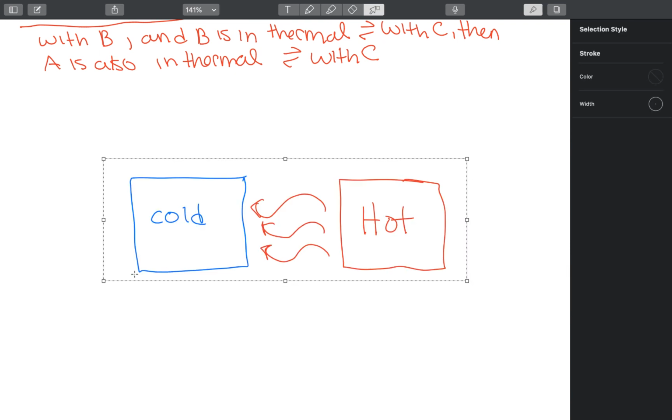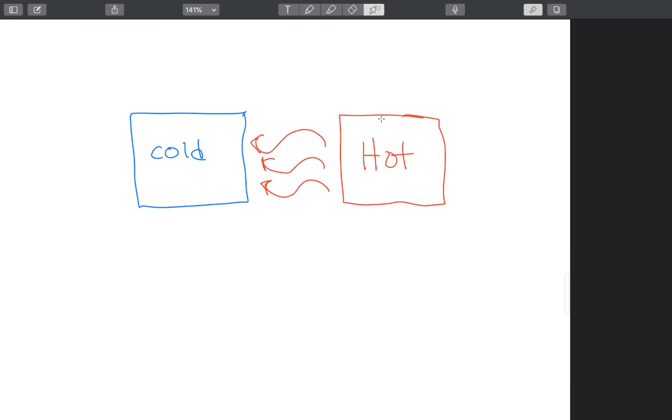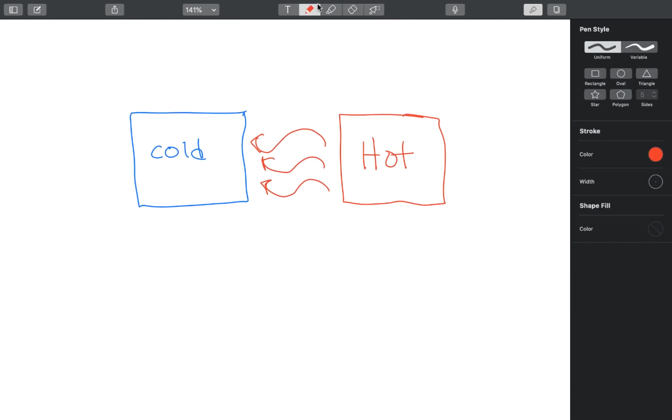So we have our hot and cold object, and let's just say we put them together at time 0. So in time 0, the net direction of heat flow is this way. So heat is flowing in one net direction, from the hot object to the cold object.